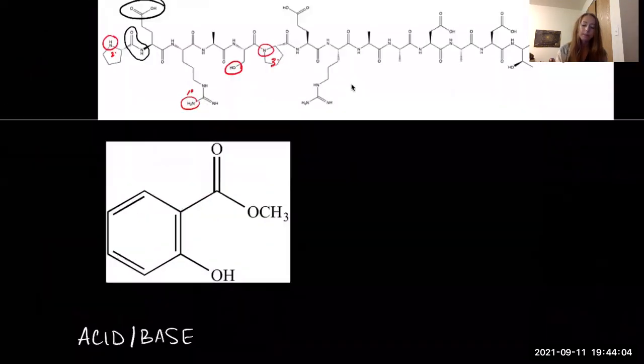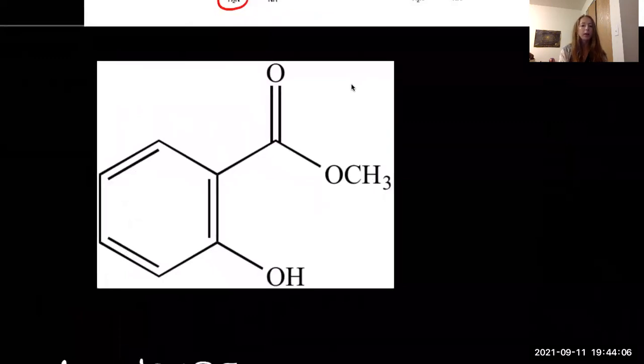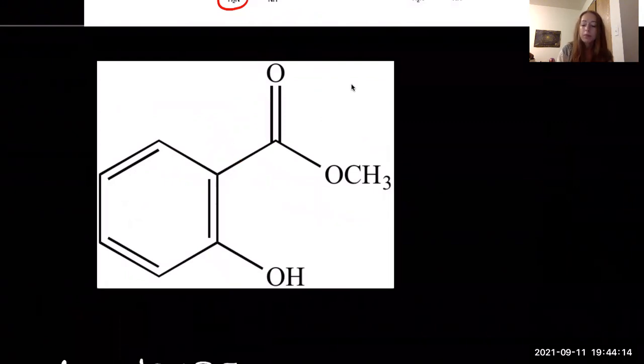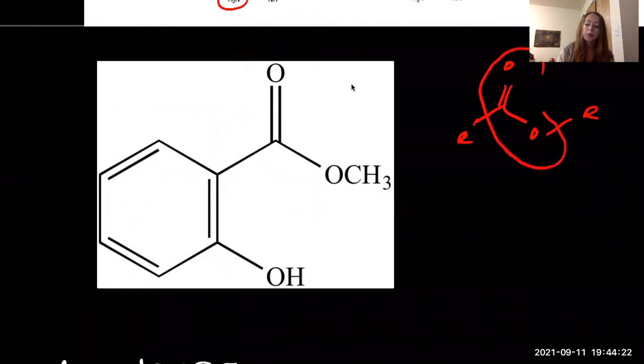Okay. Then over here, I just want to emphasize what an ester looks like, because it could be confusing sometimes. So this is actually an ester. An ester has this signature kind of ketone with an oxygen right next to it, and then an R group coming off of that oxygen.